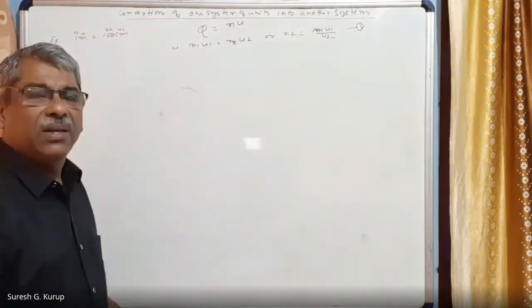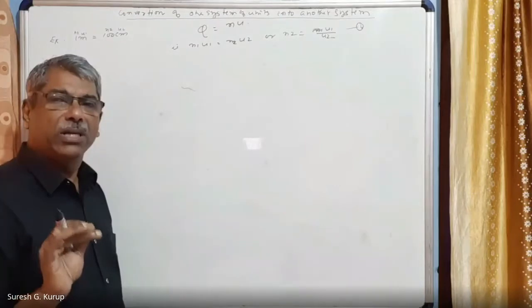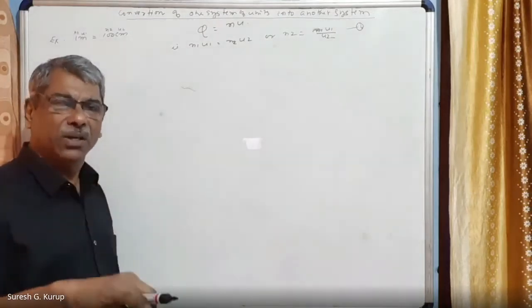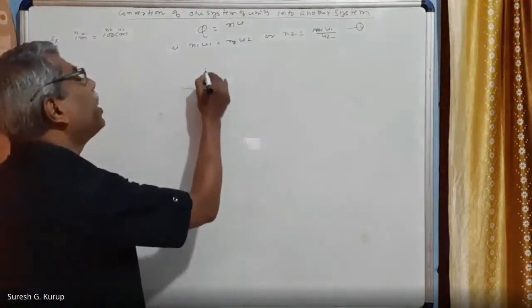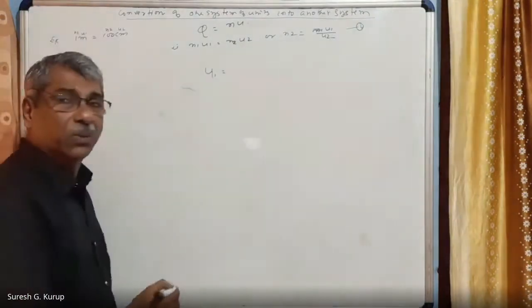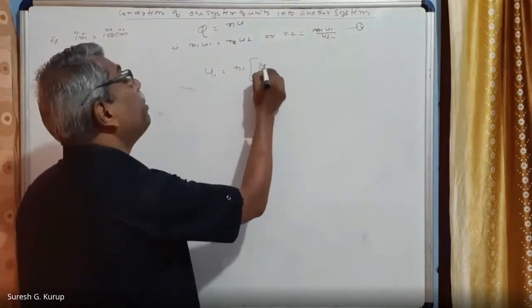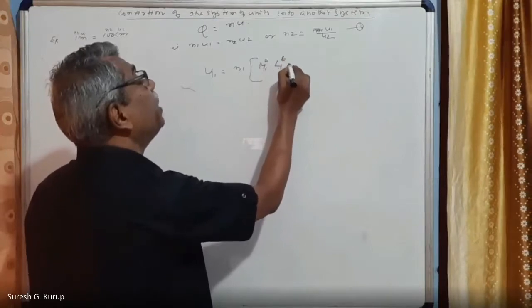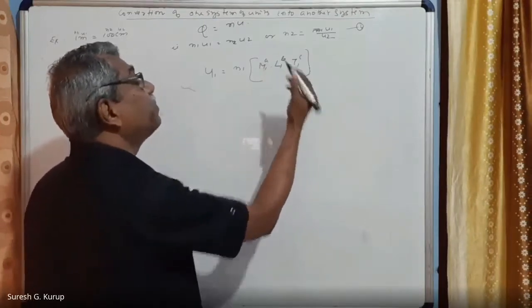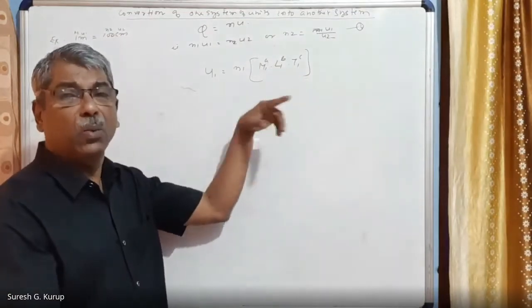Am I correct? So everybody knows that a physical quantity can be represented in terms of powers applied to fundamental quantities. Suppose in the first system, the unit of a quantity can be given as U1 is equal to N1 into M1 raised to a into L1 raised to b into T1 raised to c, where M1, L1 and T1 are in one system.